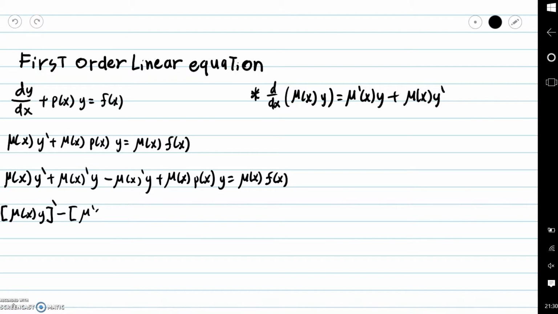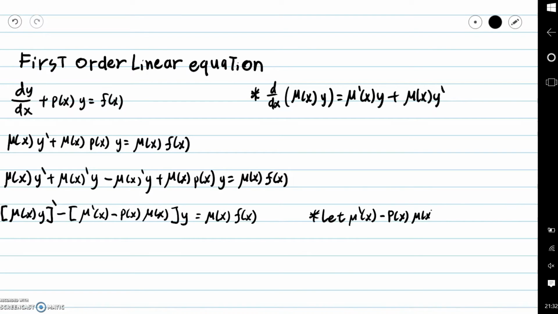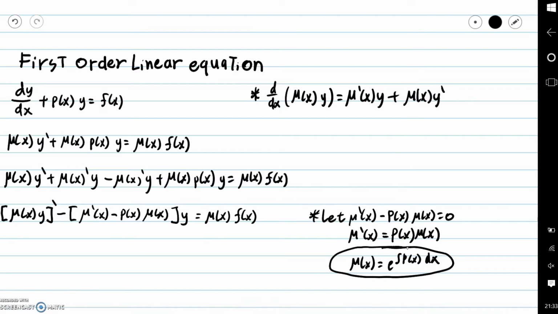And then we let the differential of mu(x) minus p(x) mu(x) equal 0. And you move part of the equation to the right side. By separating the mu(x) with the p(x) and completing the rest of the function, the final form should be mu(x) equals e to the power of the integral of p(x) dx.